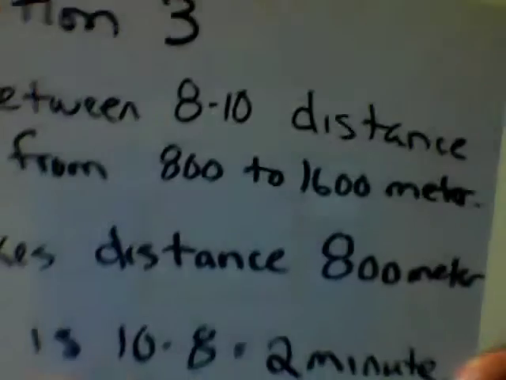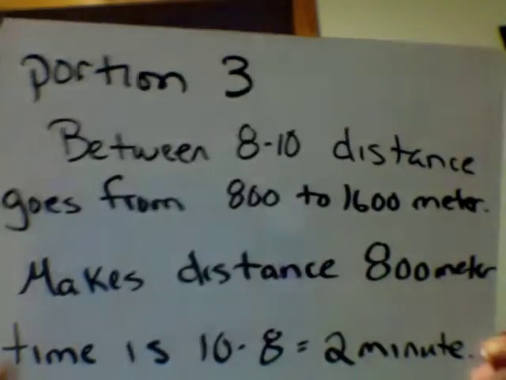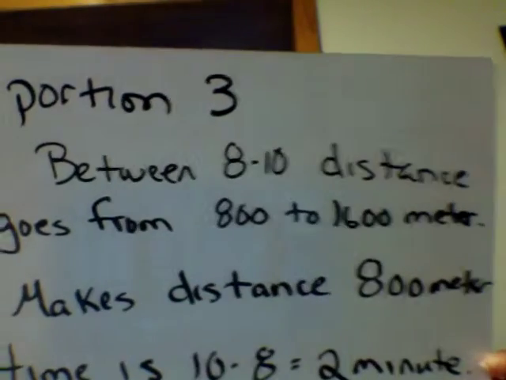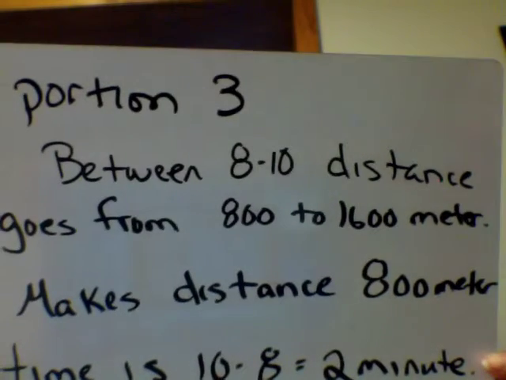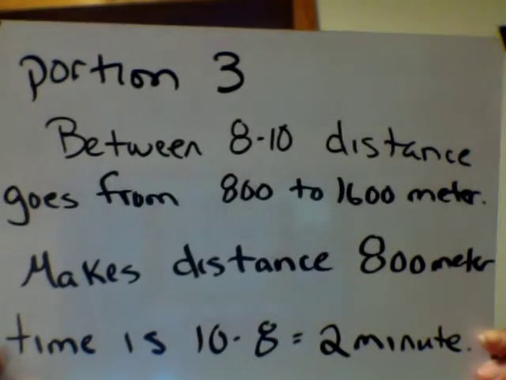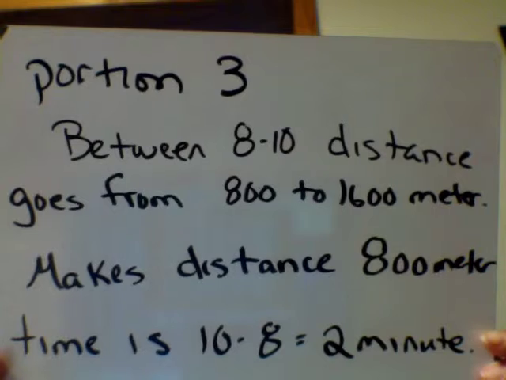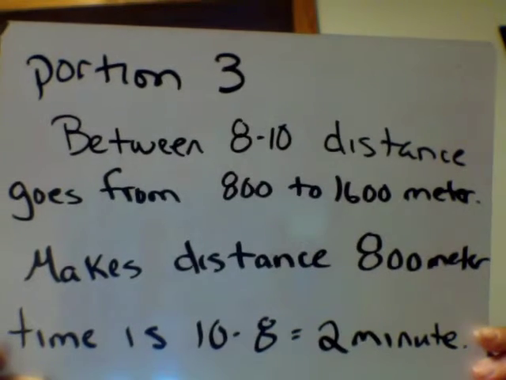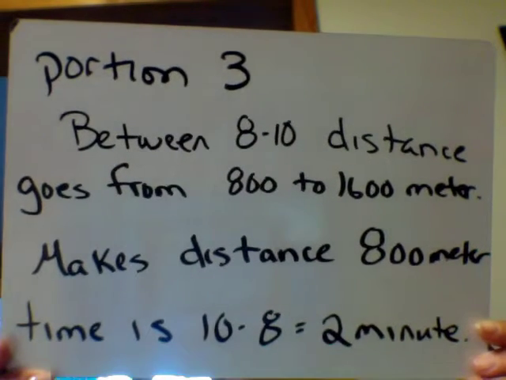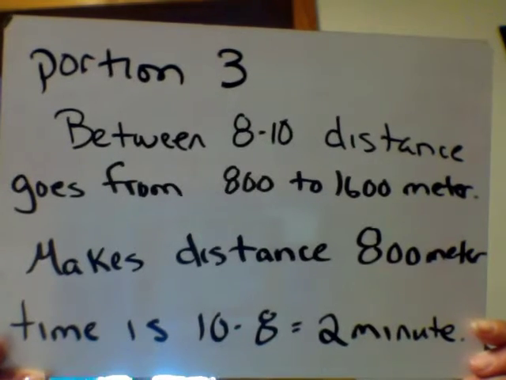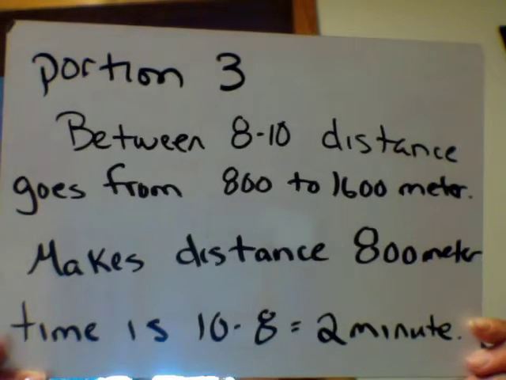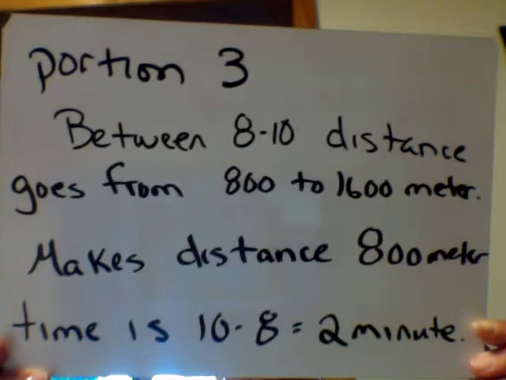Portion 3 turns out to be the area between 8 and 10 minutes. The distance there goes from 800 to 1600 meters, which is going to make your distance 800 meters, because if I start at 800 meters and then I go up to 1600 meters, I've actually traveled 800 meters.